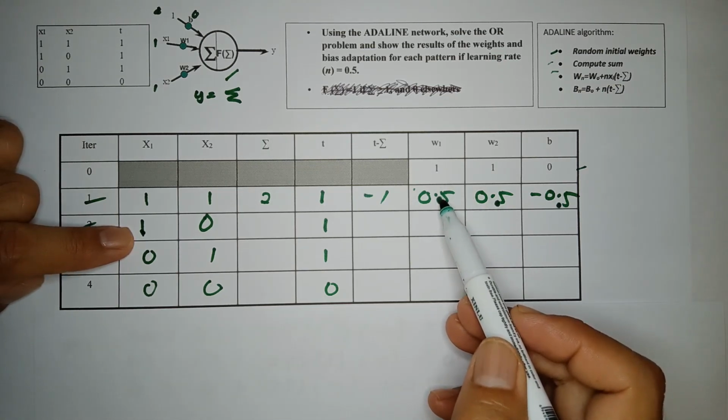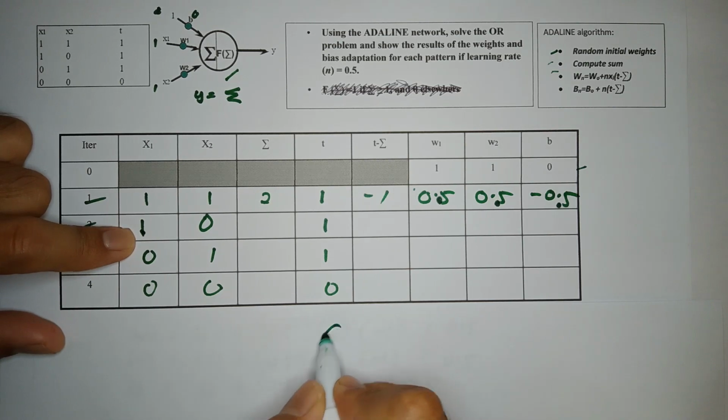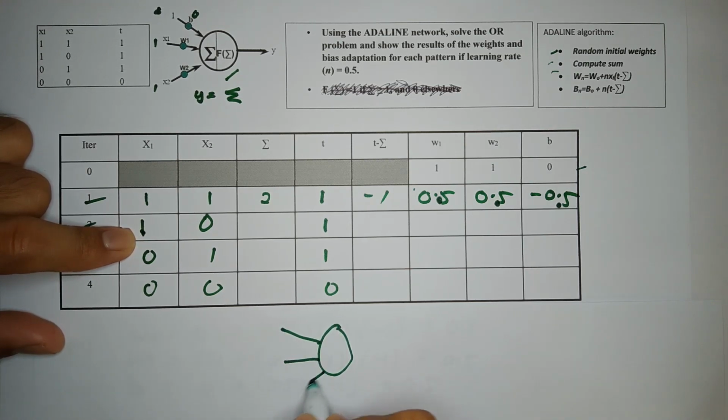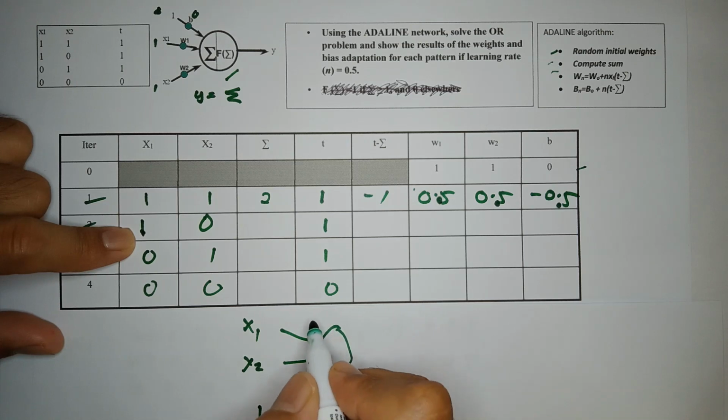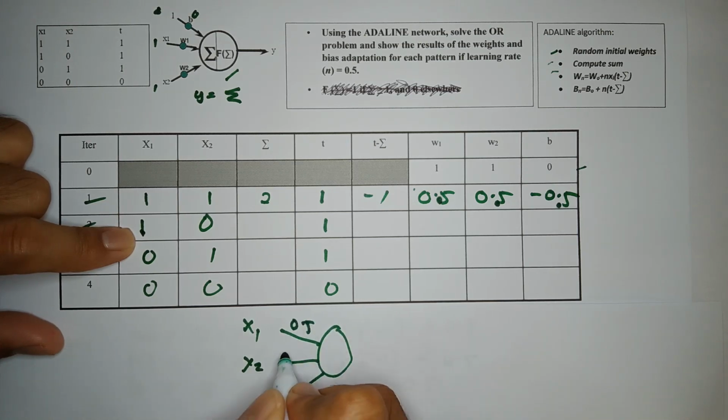Okay, let me draw that to make things easy to understand. So let's say this is x1, x2, this is bias. W1 is 0.5, W2 is 0.5, and the bias value is -0.5.